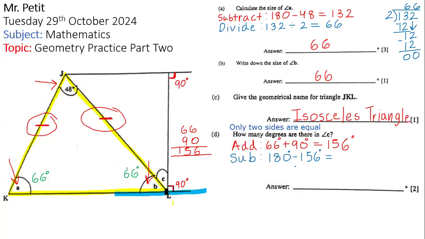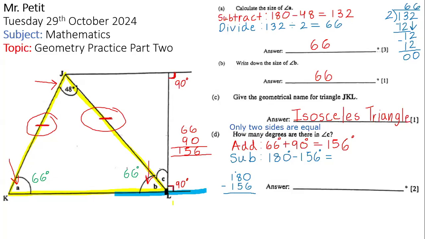So we have 180 minus 156, and we get what? 24 degrees. So 0 minus 6 is what? You can't take away 6, so you borrow from the 8 and leave 7. Very good.